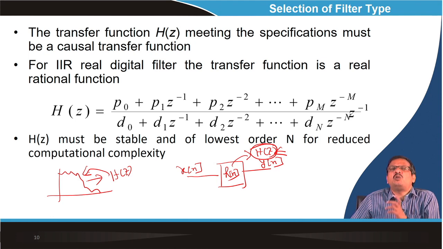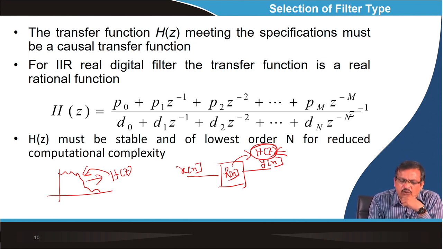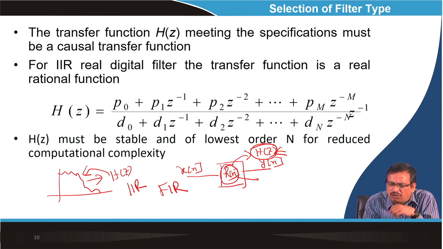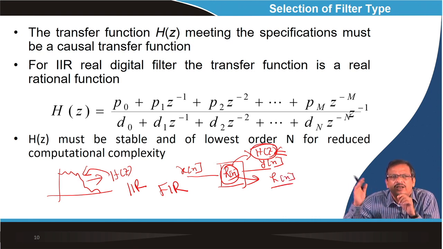Now there are two kinds of filter. One is called IIR filter, another is called FIR filter. What is IIR? Infinite impulse response filter. What do you mean by infinite impulse? If h(n) is the impulse response of the filter, then h(n) is infinite.